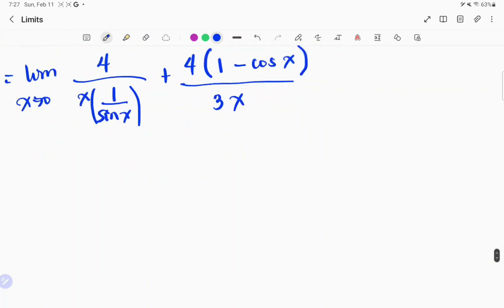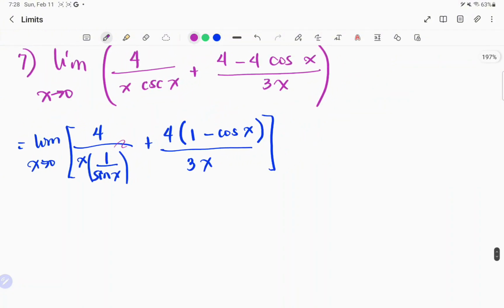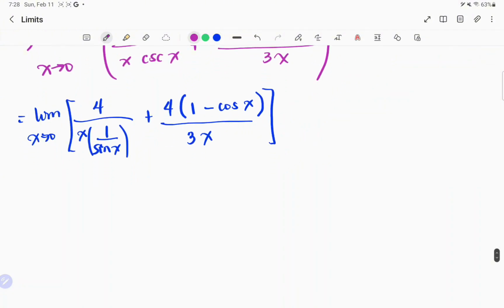Now we can simplify the first term. This first term will become the limit of 4 times the reciprocal of our denominator. The denominator is going to be x over sine x, so the reciprocal will be sine x over x, plus 4/3.